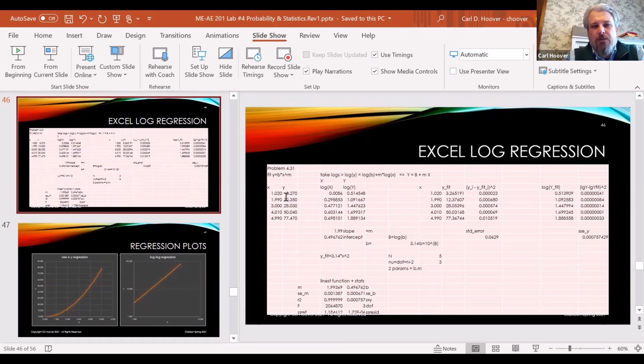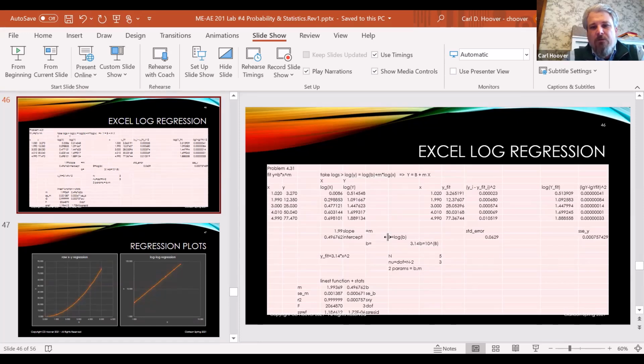We'll take the log of the x's and the log of the y's, and then we'll use the slope and the intercept functions to find the slope called m and intercept b, where our new model is based on the log of y equal to log of b plus m log of x.